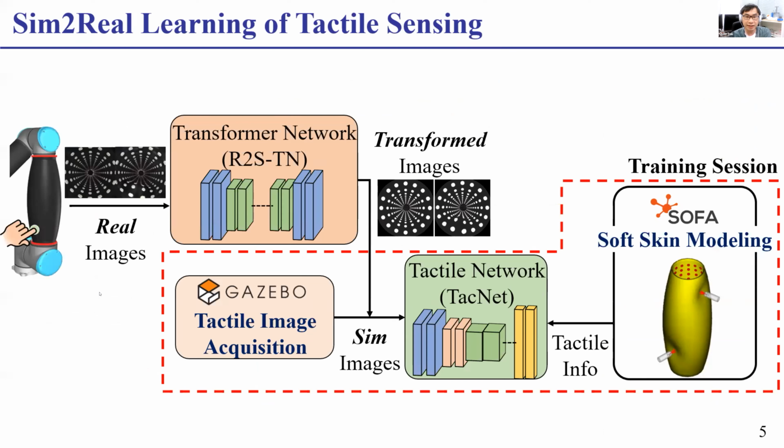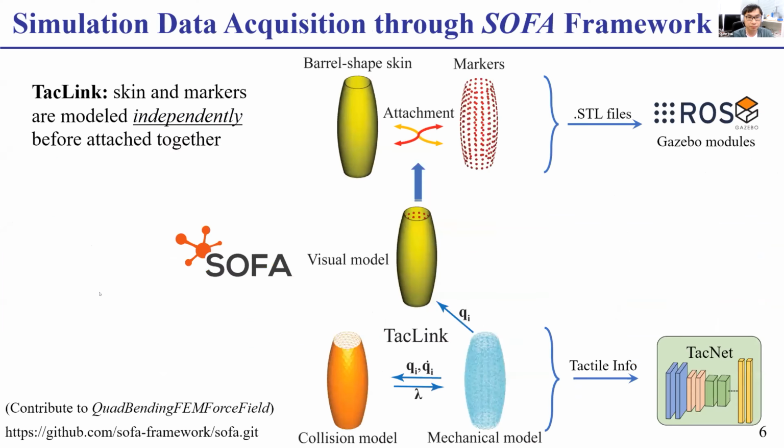To mitigate the need for collecting real experimental data, obtaining the training dataset in a simulation environment could be a promising solution. With this in mind, we propose a simulation platform that comprises the physics engines SOFA and Gazebo. As such, the neural network for shape reconstruction can be trained by simulation datasets, which include the skin deformation and virtual tactile images.